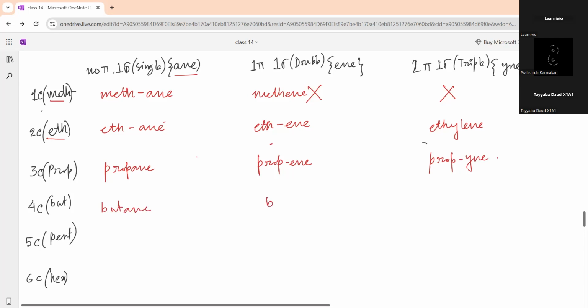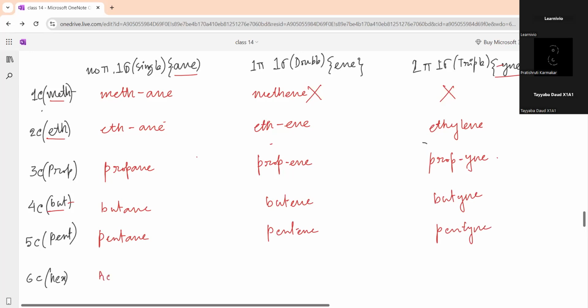Then here it would be butane, butene, and it would be butyne. This is the yne and this is our but. Then we have pentane, pentene and pentyne.